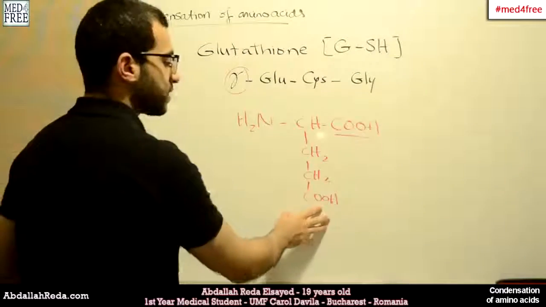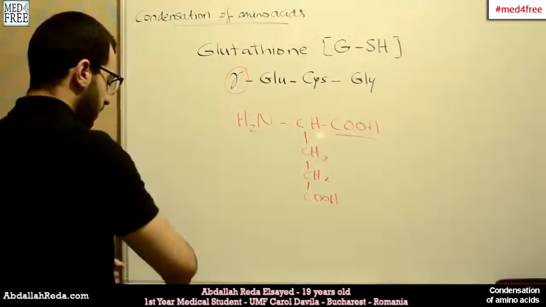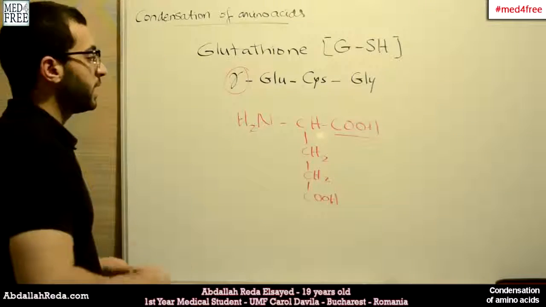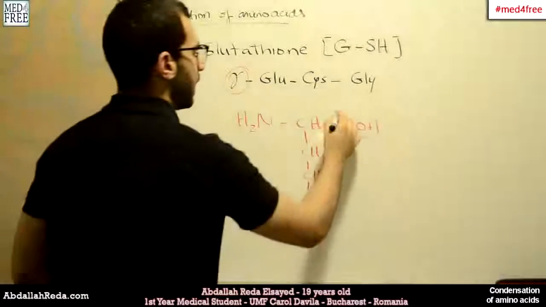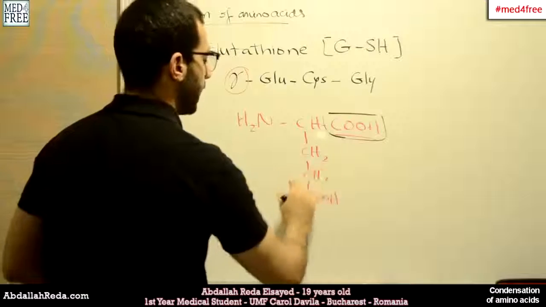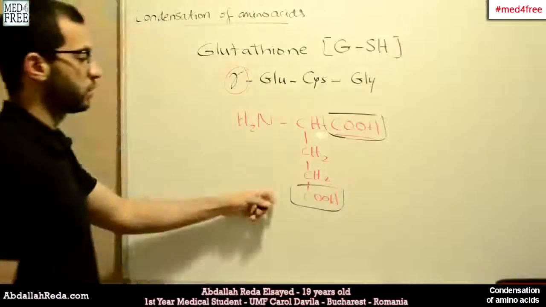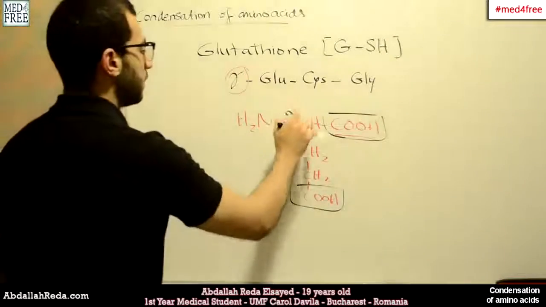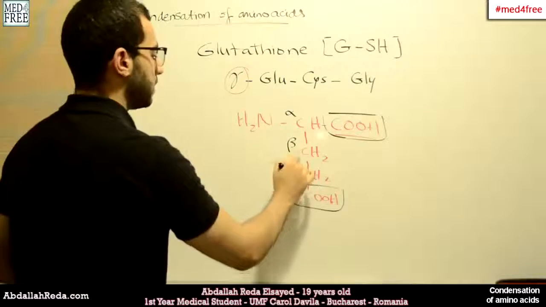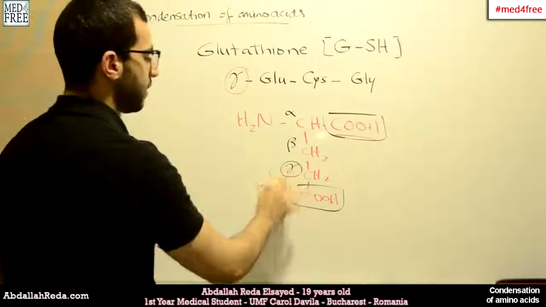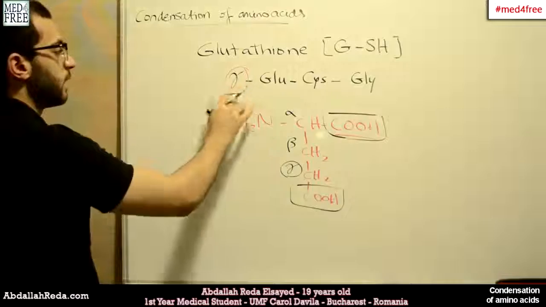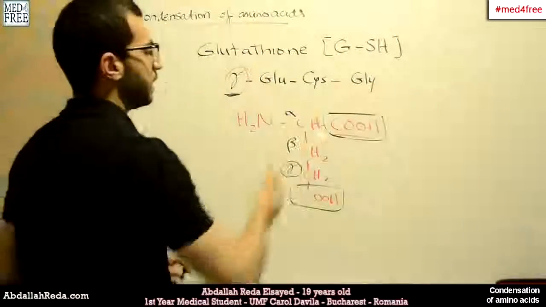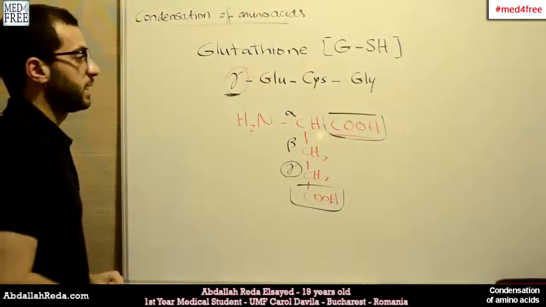And we have this extra carboxylic group. In this case, the binding doesn't occur at this carboxylic group, but happens at this one. So alpha, beta, gamma. This is the gamma carbon. This is why we write gamma, glutamic acid, cysteine, then glycine.